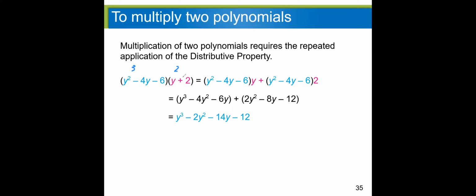The 2-term binomial is going to distribute itself into the 3-term trinomial, meaning this y is going to distribute to each term, and this 2 is going to distribute to each term. And we're going to separate those distributions with whatever operator is in the smaller term here.